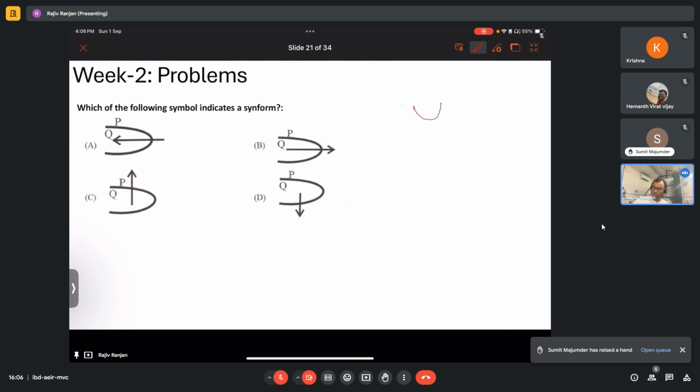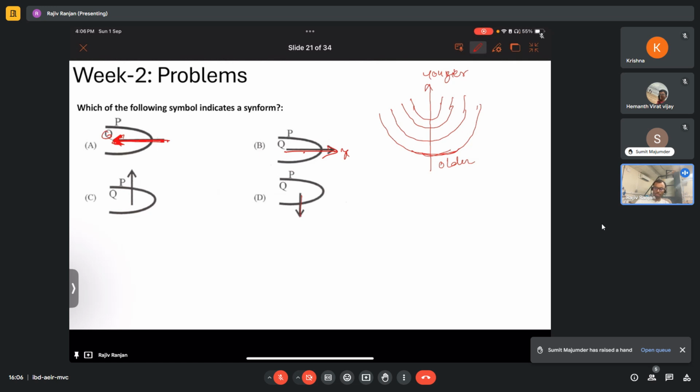If you see a synform, if you have layers, in the core the younger ones reside, and in the outer part remains the oldest one. So this direction, towards the core, is marking the younger ones. Here, away from the core is marking younger one.